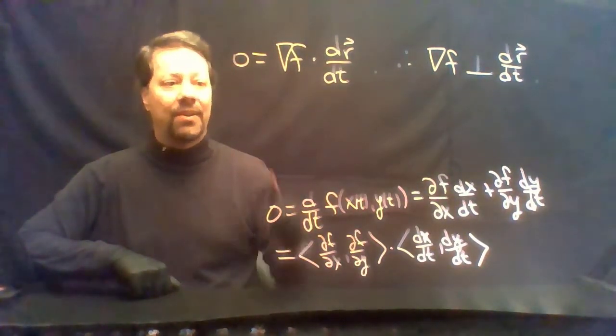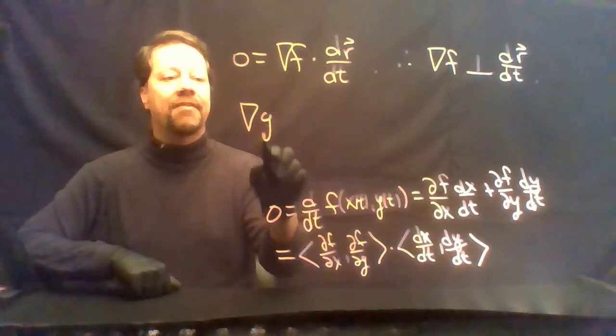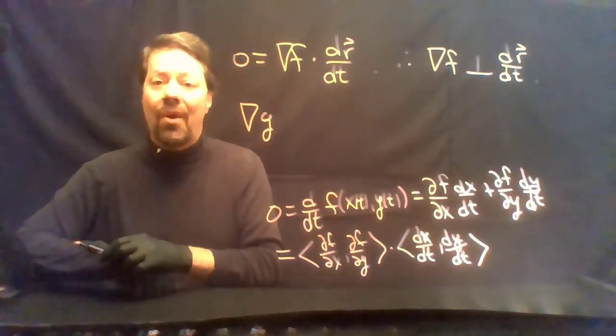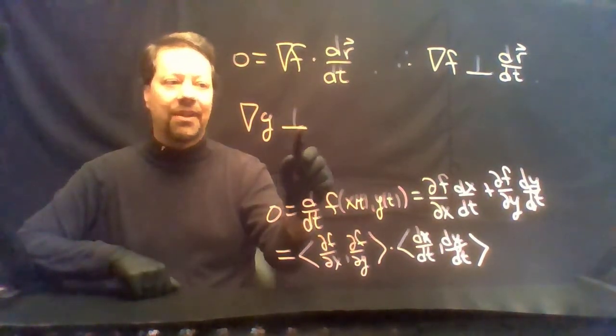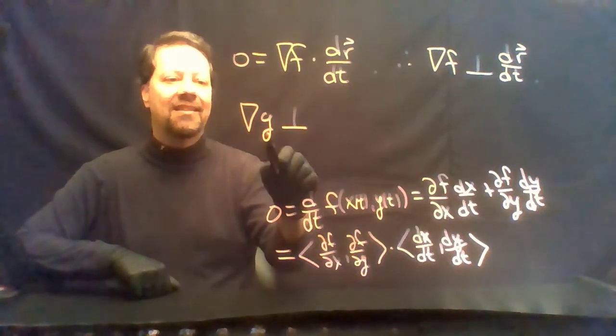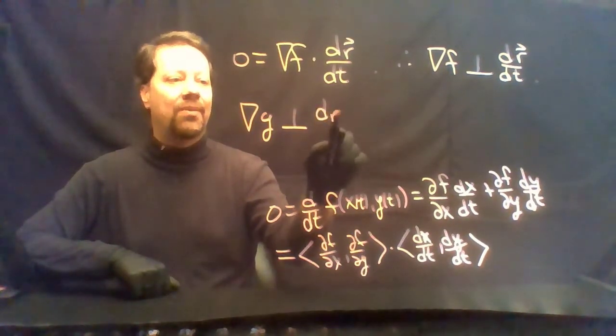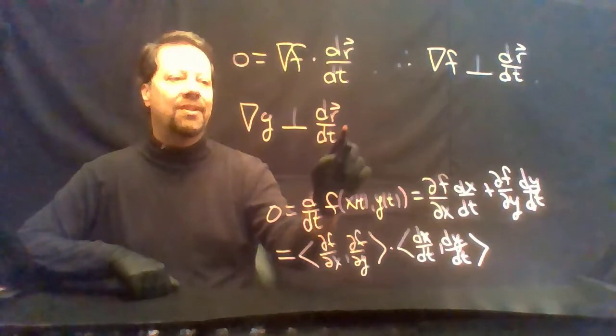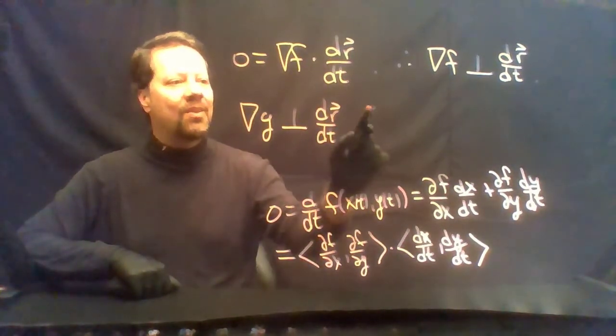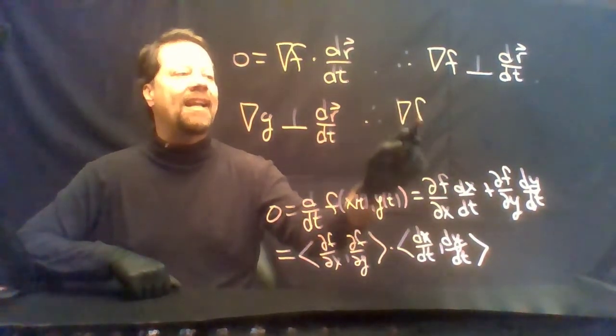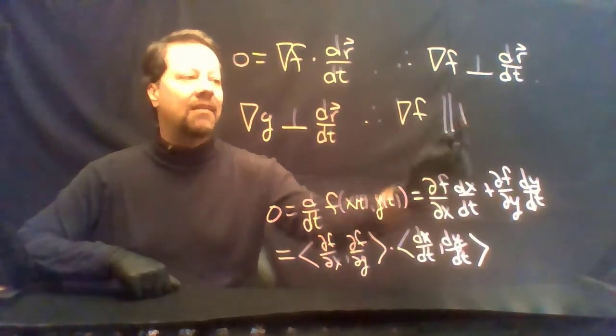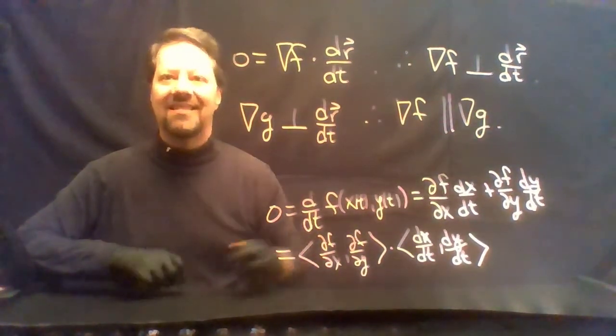Now, also, the gradient of g must also be orthogonal to the level curves, and hence grad g is also orthogonal to dr/dt. We deduce then that grad f is parallel to grad g.